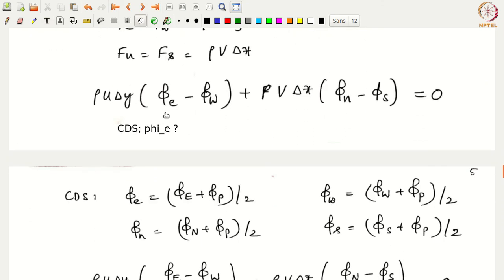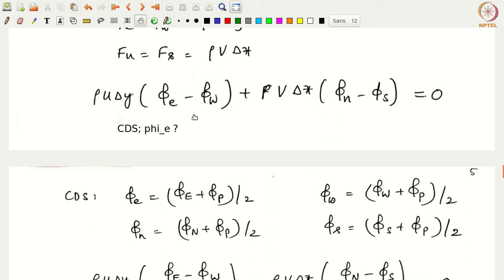So in the CDS, we say phi little e equals phi capital E plus phi P by 2, and similarly phi little w equals phi capital W plus phi P by 2, and phi little n equals phi capital N plus phi P by 2, and phi little s equals phi capital S plus phi P by 2, right? So we have the central difference scheme definitions.